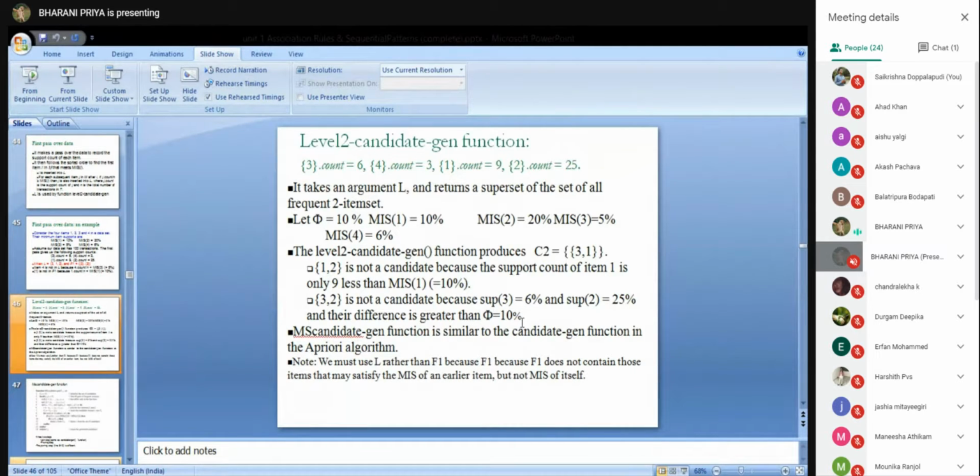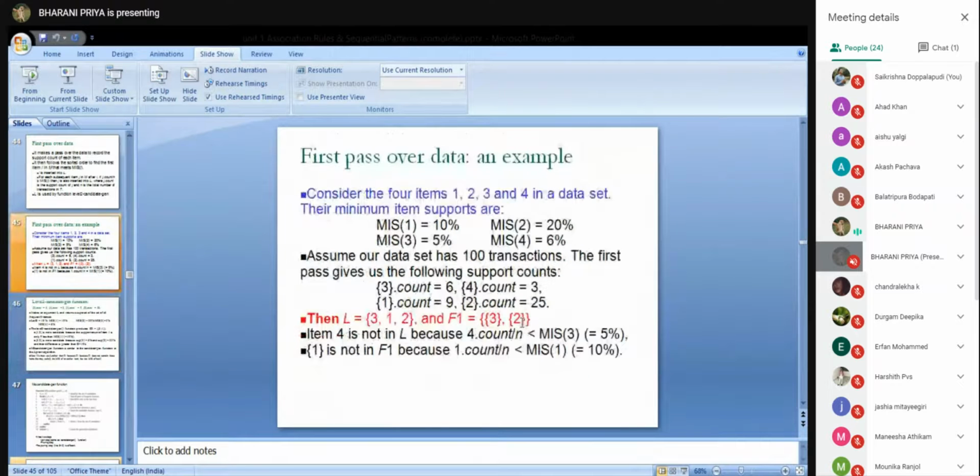Up to here we have found the L values and you have understood how to take the L values. In the next case, you are taking the frequent items F1 you have generated and doing level 2 candidate generation.